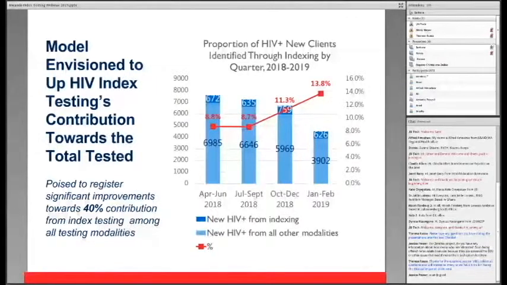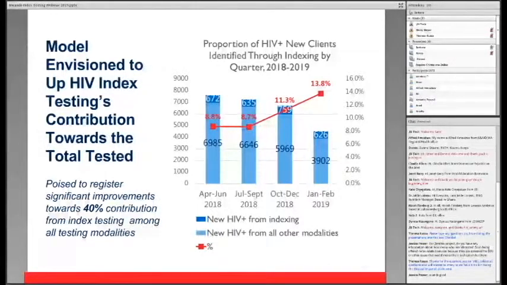If we're able to do this, then indeed we would have demonstrated a very cost-efficient use of test kits, but also will be spending the resources where it matters the most, especially against the backdrop of an emphasis on reduced indiscriminate testing, which has proven to be quite costly for the country.